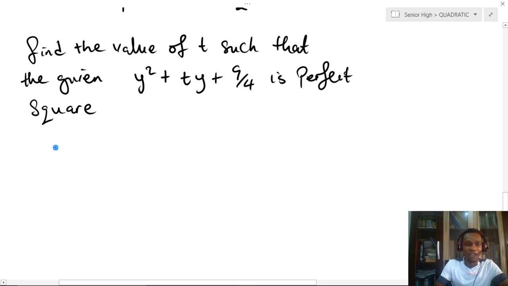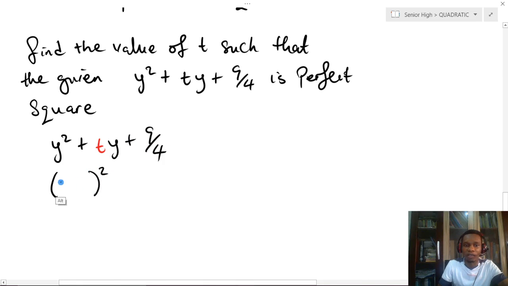So okay, now we're given this question: y squared plus t y plus 9 over 4, and we're asked to find this value of t that will make this completely a perfect square. Remember, when they say perfect square, it means that they want you to be able to write this in the form of just two values with a square holding both of them. You get that? So now how do we solve for the value for this?